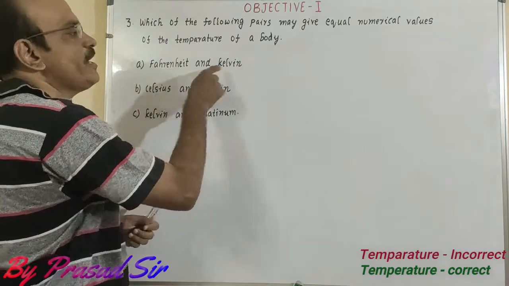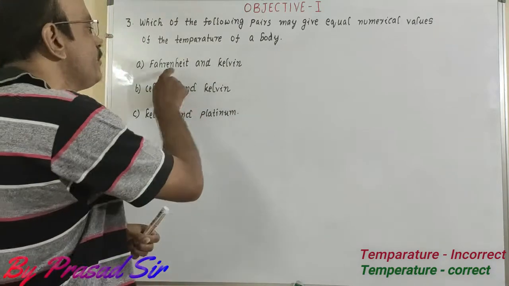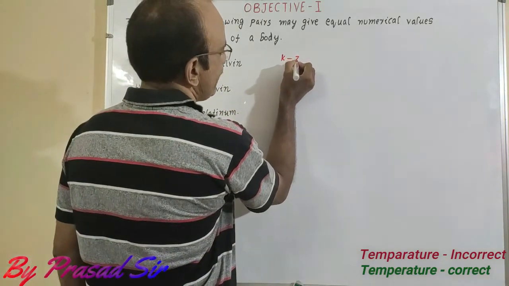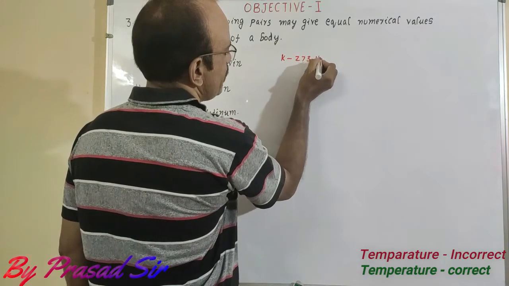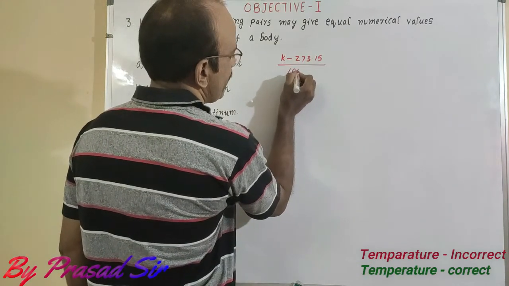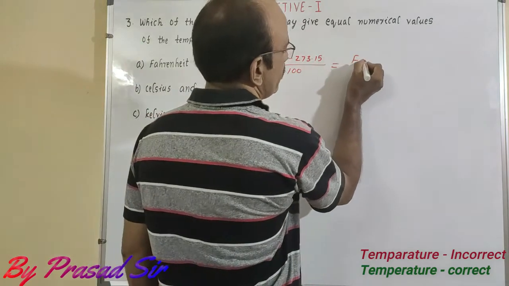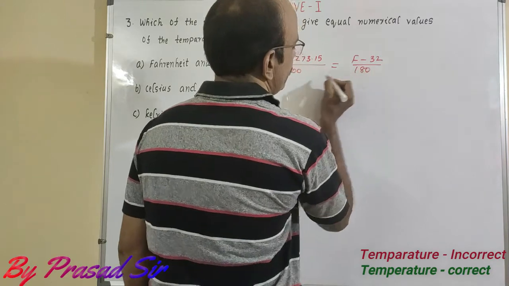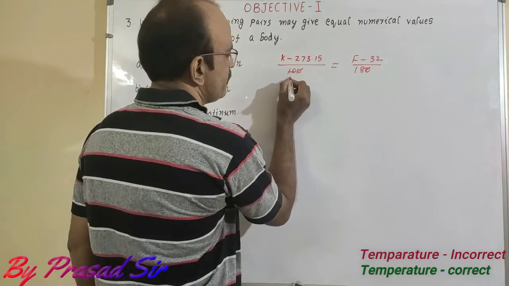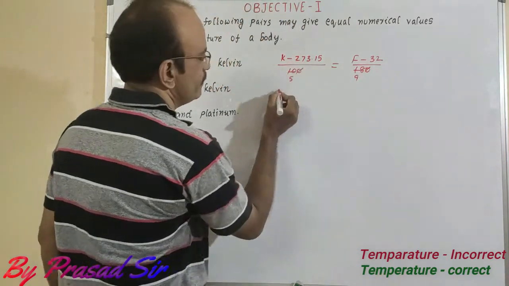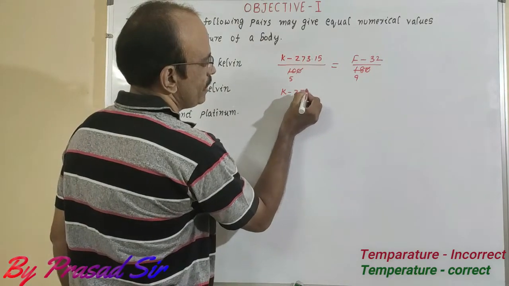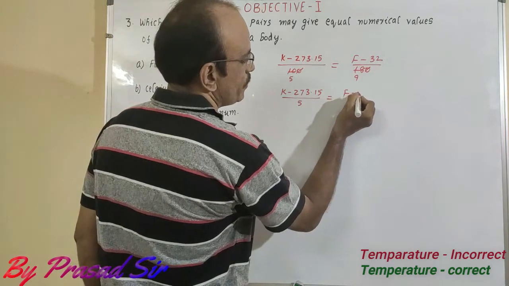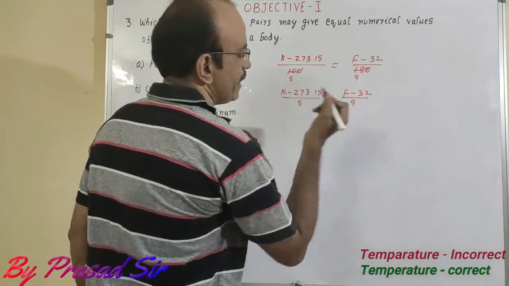The possibility is the Fahrenheit and Kelvin scale, so I will write the relation between them: K minus 273.15 divided by 100 is equal to F minus 32 divided by 180. Zeros cancel, so K minus 273.15 divided by 5 is equal to F minus 32 divided by 9.